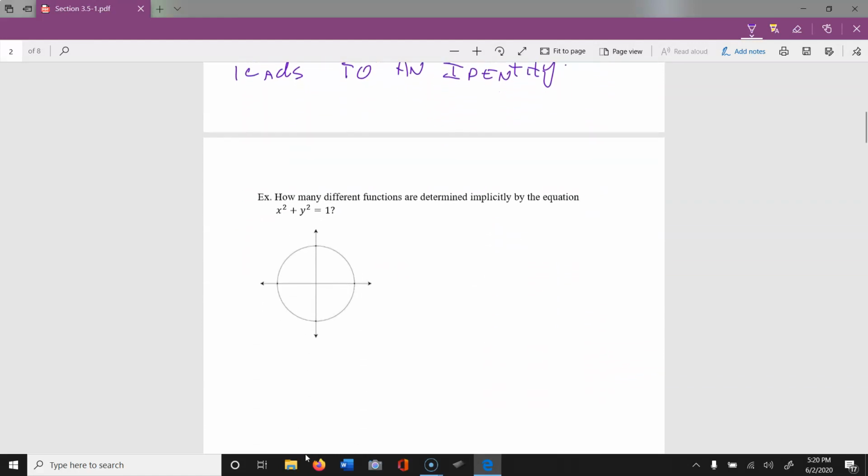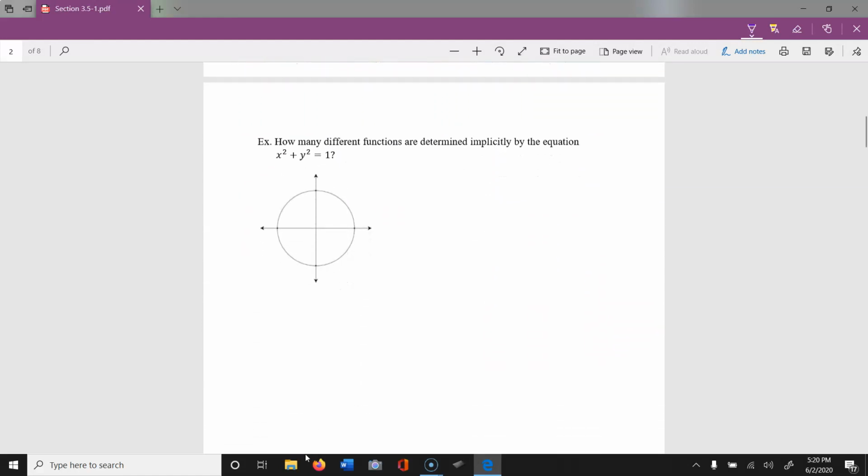Okay, now, in this example, how many different functions are determined implicitly by the equation x squared plus y squared is equal to 1, right? So if I substitute for y a function and it leads to an identity, well then that function is implicit, right? Okay.